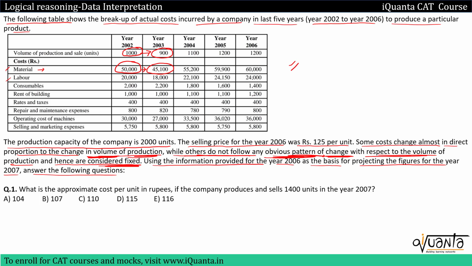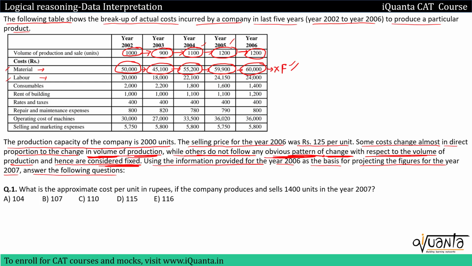Then if we go to year 2004, again the number of units has increased from 900 to 1100 and the cost has also increased from 45,000 to 55,000. Similarly, if we go to year 2005, again the number of units has increased from 1100 to 1200 and again the cost has also increased. So yes, we can say that material is always following a direct proportion. That means if number of production units is changing, then the cost is also changing. Okay. So we can say that this is not fixed, because those which are not following any pattern are fixed.